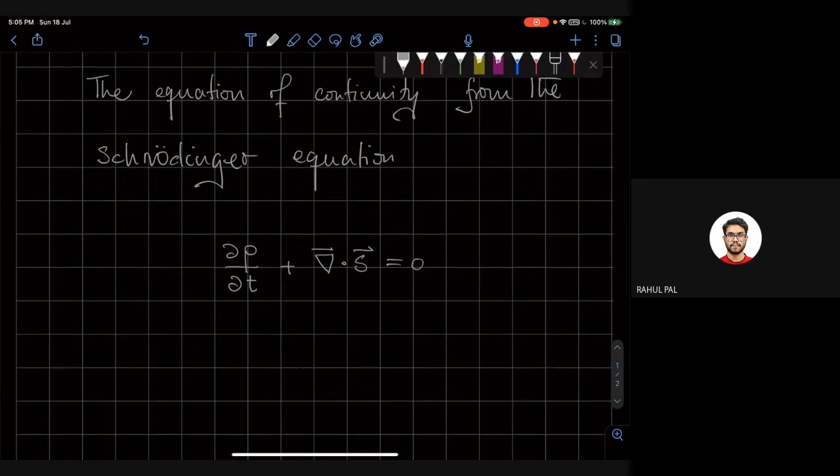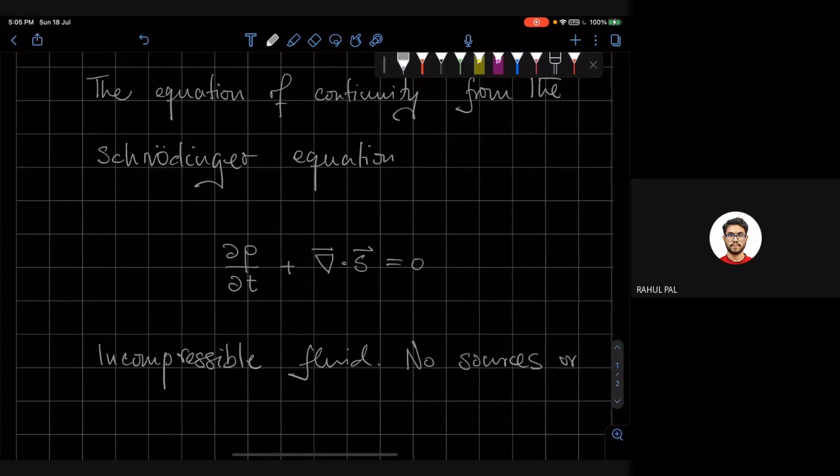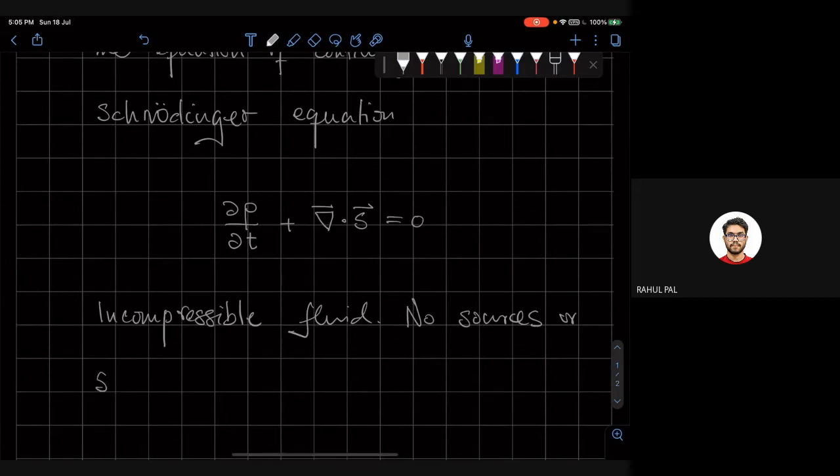This is valid for any incompressible fluid, and the assumptions are that there are no sources or sinks of the fluid, so the fluid cannot be made or destroyed.